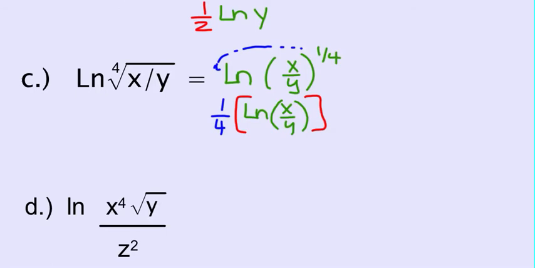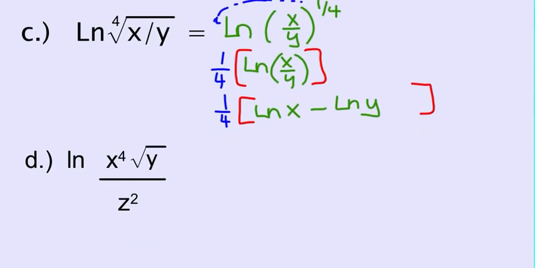And then notice inside that bracket is a natural log of x divided by y. So you can break up that natural log into 2 separate logarithms by subtraction. So then I'd have the natural log of x minus the natural log of y. Make sure you put 1/4 out in front, because if we put it back together, we'll get 1/4 as a 4th root.